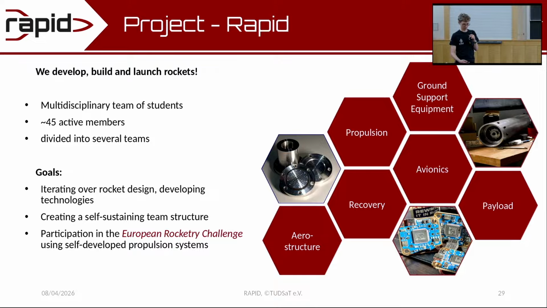Then we also have the aeroframe section, which is doing the hardware stuff. We have propulsion section, which is doing the engine. We have a payload, which is like what our rocket transports. If you want to know anything more specific about that, you are very welcome to come.